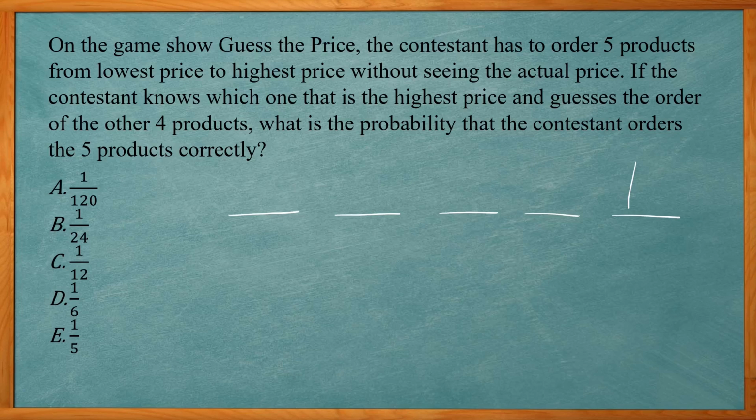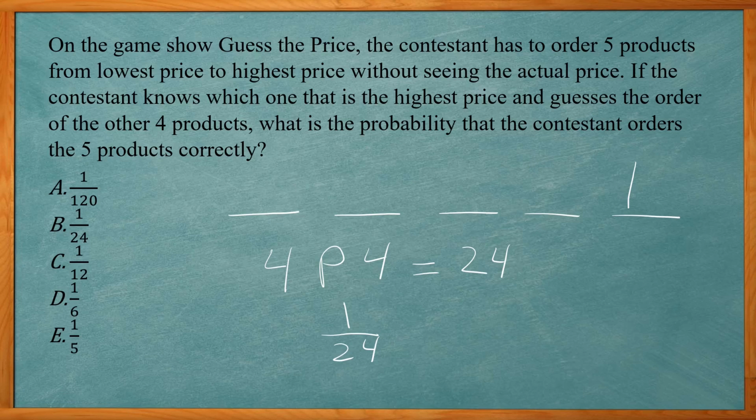Now, how many ways can you order 4 products in 4 places? Okay, so that's going to be a permutation, 4 permutation 4, and you can do that on your calculator. That gives you 24. Now, only one of those permutations will be the correct order, so it's going to be 1 out of 24.